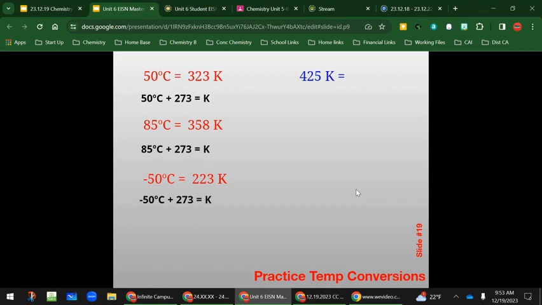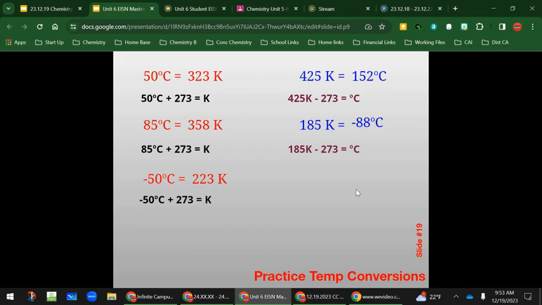What if it were 425 Kelvin? Minus 273, 152. Very good, Josie. 152 degrees Celsius. What if you were 185 Kelvin? Negative 88 degrees Celsius.